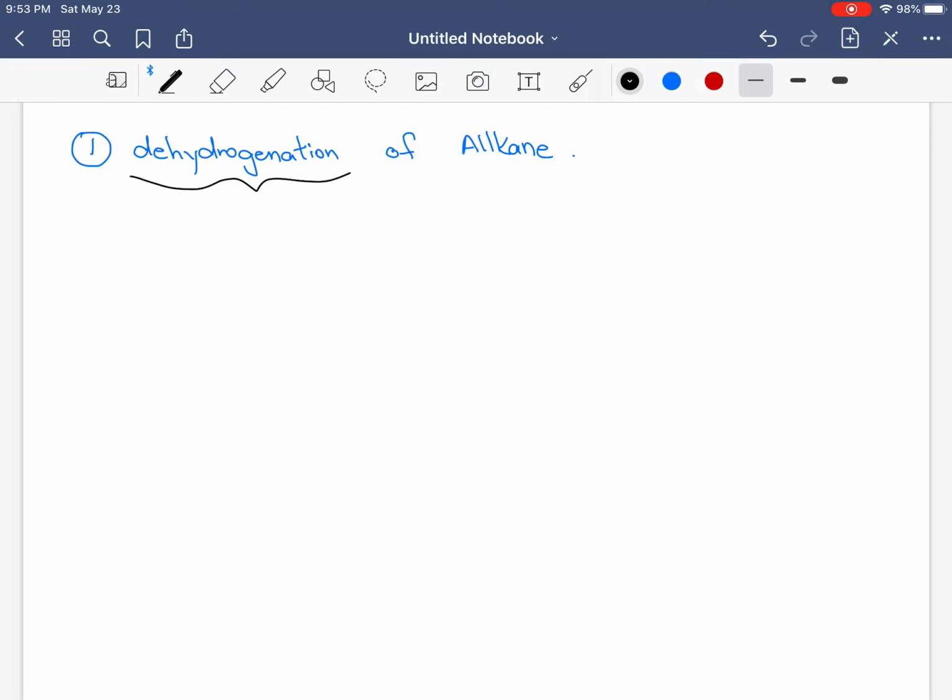Very simple. This is basically taking away 2 hydrogens from an alkane to become an alkene.